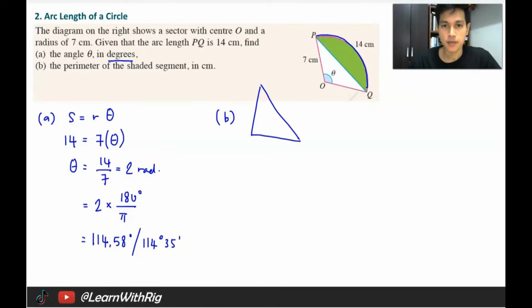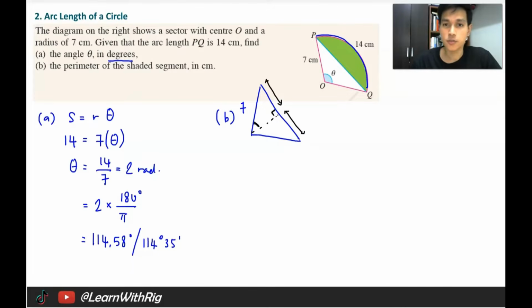Here is 7 cm, and you draw a triangle with a 90 degree angle here. This angle is going to be half of the theta that you found. Then you can use trigo to find this length, and then you times 2 to get the full length.